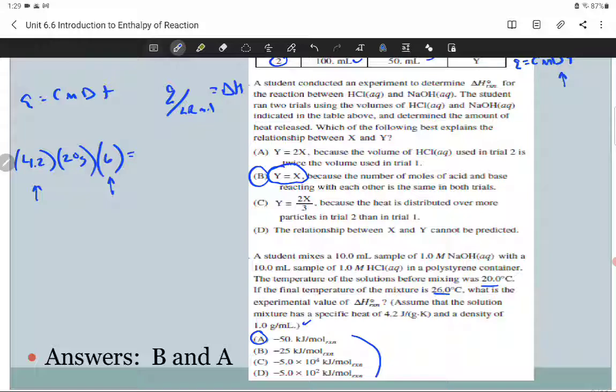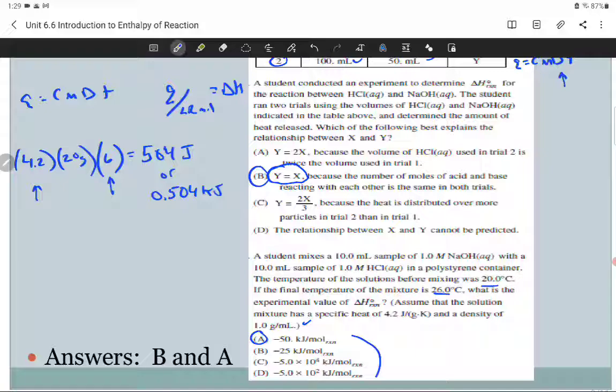If you had a calculator, if you wanted to do it longhand, it wouldn't be crazy. It'd give you that.